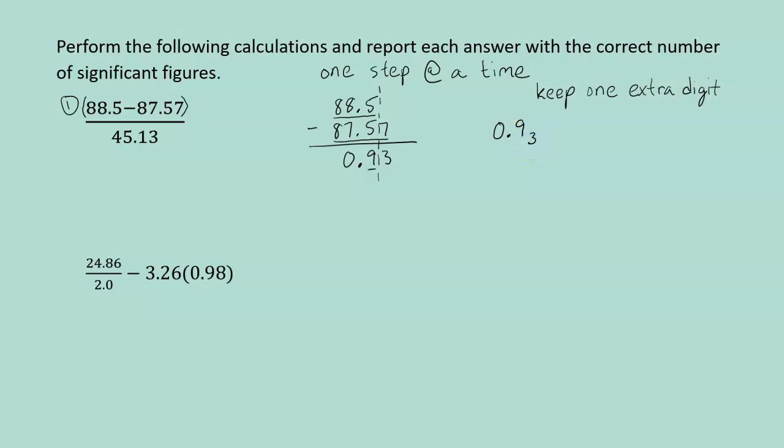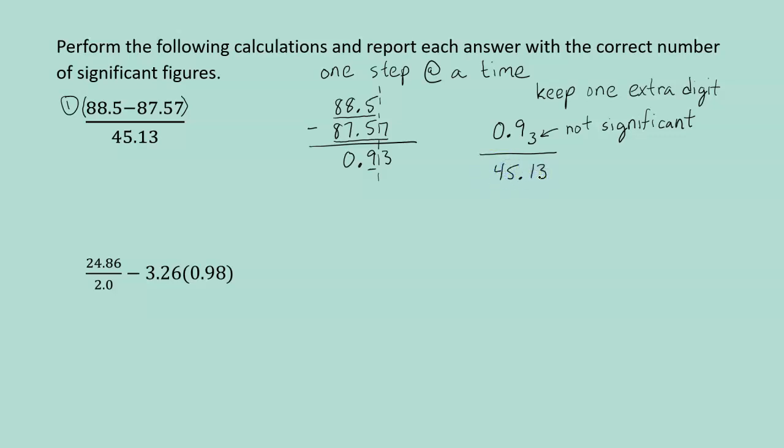That's to tell myself that it's not significant, but I'm going to use it in my calculator to prevent round-off errors. Then I'm going to take that number and divide by the 45.13.